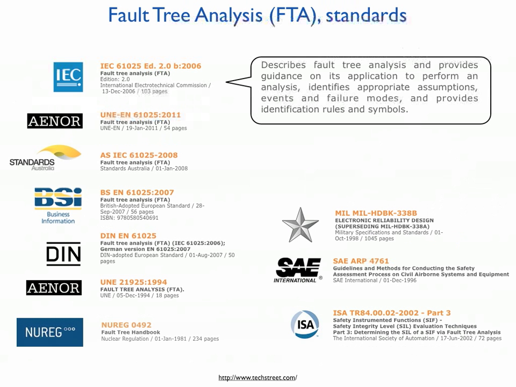And on the right side, you can see the standards that actually require the use of fault tree analysis: the military handbook 338B and the Society of Automotive Engineers ARP 4761. They require the use of the fault tree analysis in the top-level reliability analysis. Because of these standards, fault tree analysis is pretty important and used everywhere.